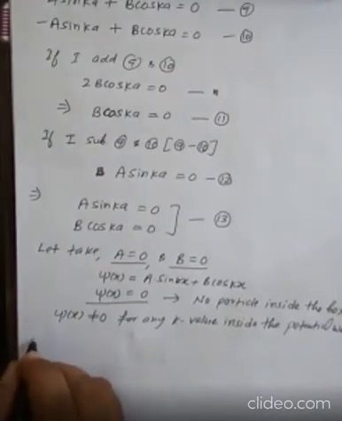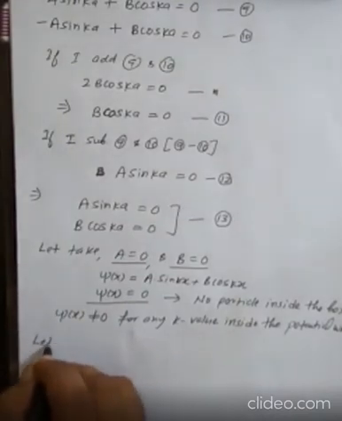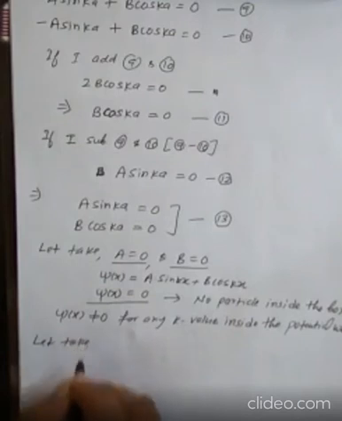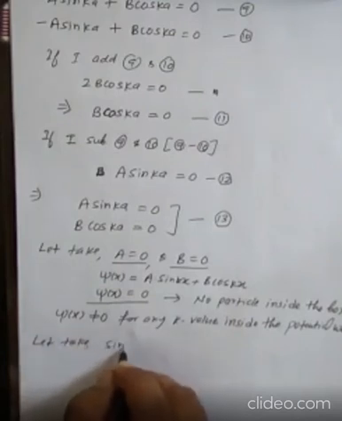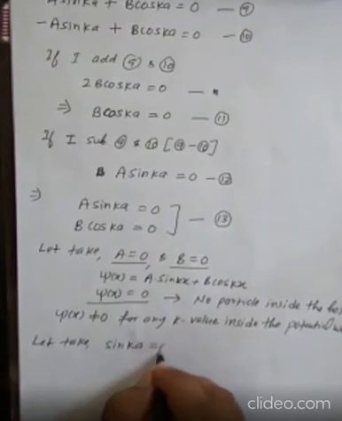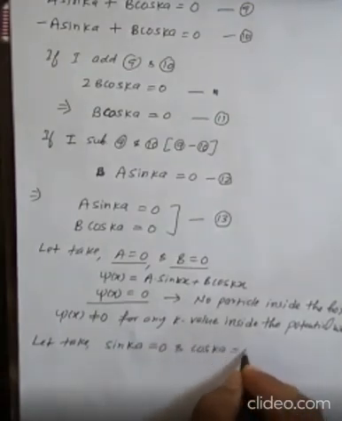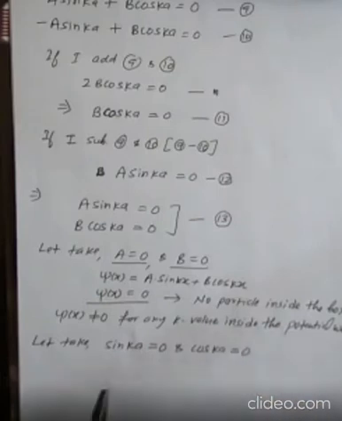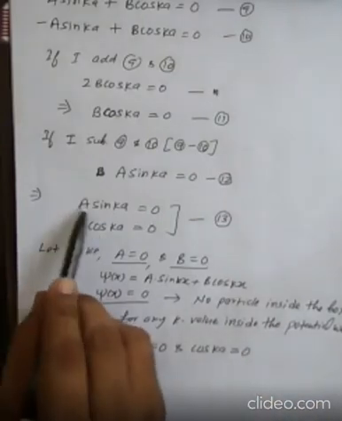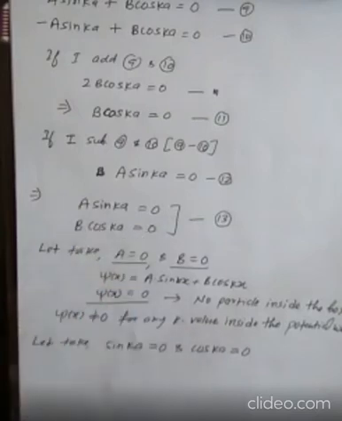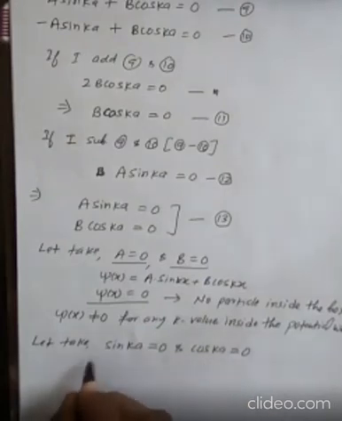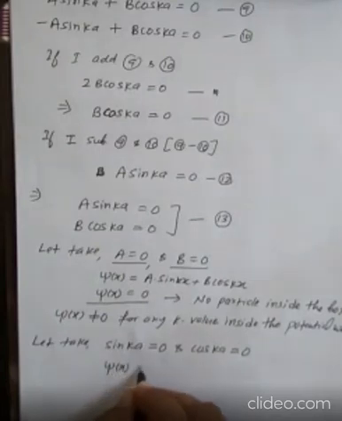Then consider the second case. Let's take sin ka equal 0 and cos ka equal 0. So in this case, I will get a sin ka equal 0 and then b cos ka equal 0. If I consider sin ka equal 0 and cos ka equal 0, then what will I get?